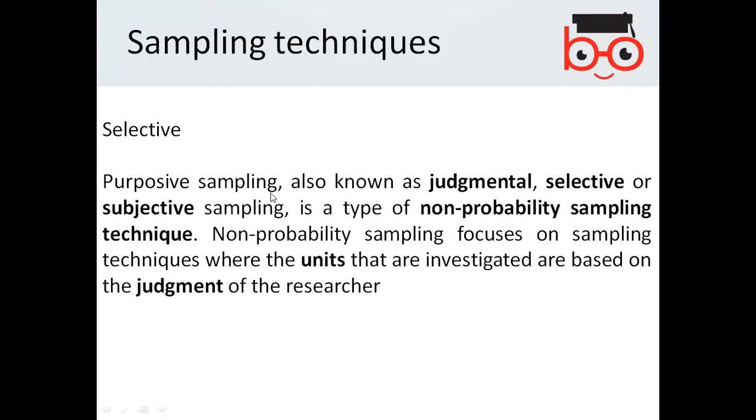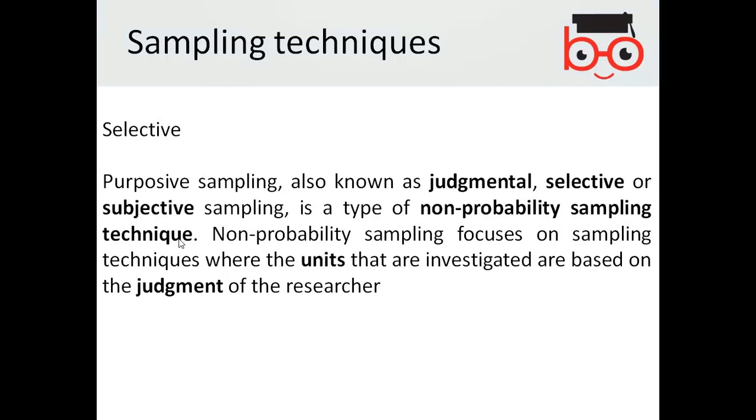Purposive sampling, also known as judgmental, selective or subjective sampling, is a type of non-probability sampling technique. So you don't need to focus on probability, or consider an area based on certain reasons.